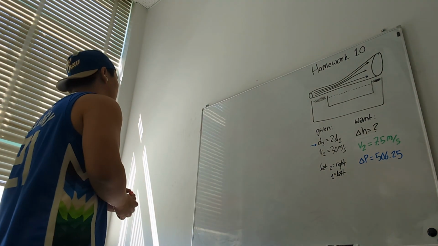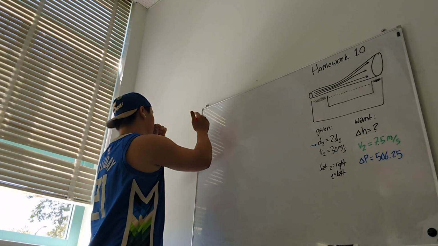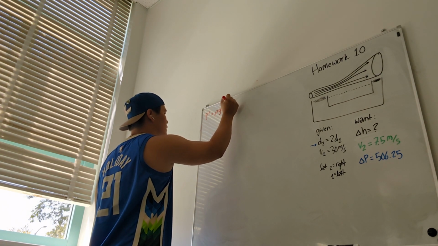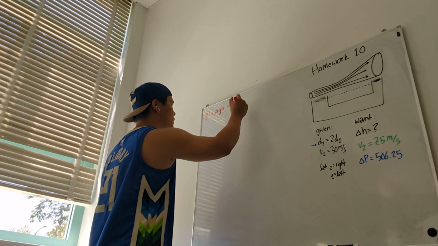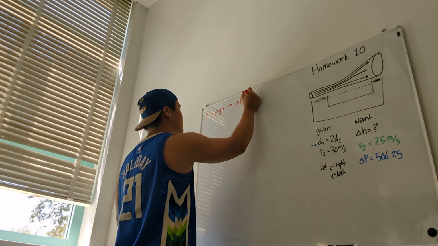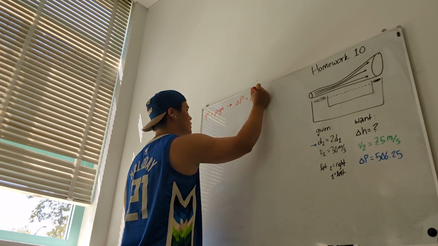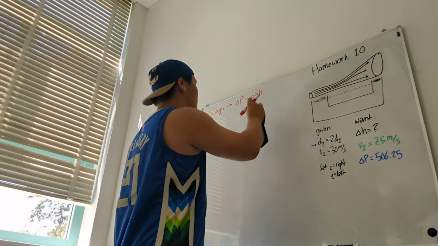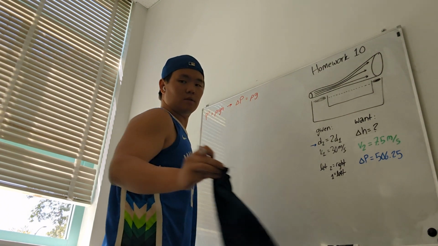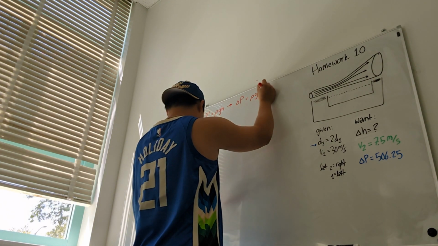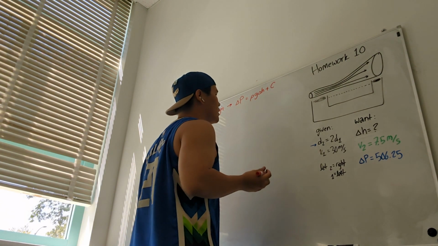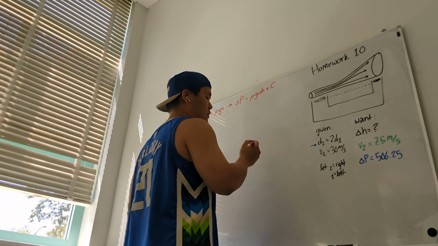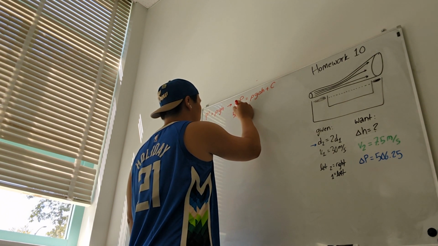Well, an incremental difference in pressure can be written as density times gravity times height. So then if we integrate it, we get change in pressure is equal to density times gravity times change in height, excuse me, because that's the only one that's not constant, plus the integrating constant. We just found change in pressure to be 506.25.